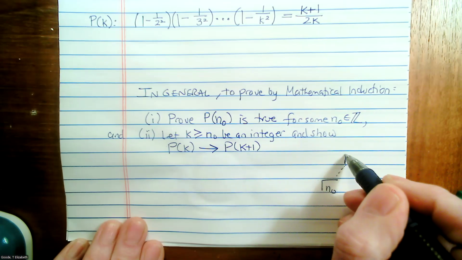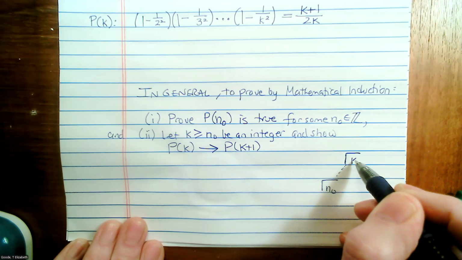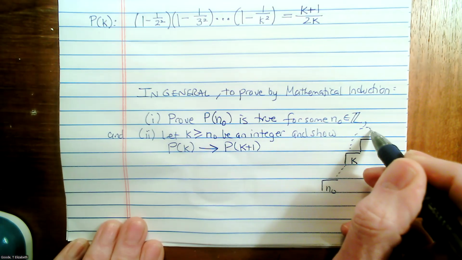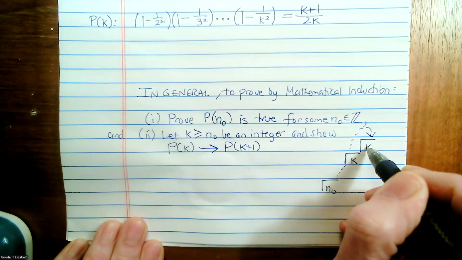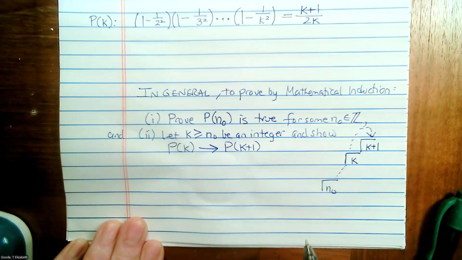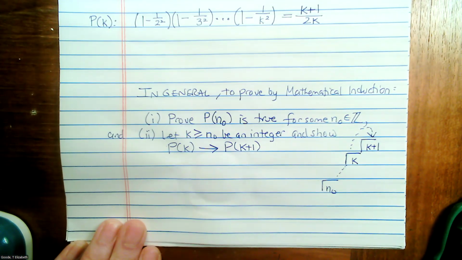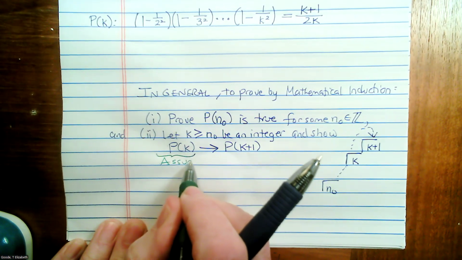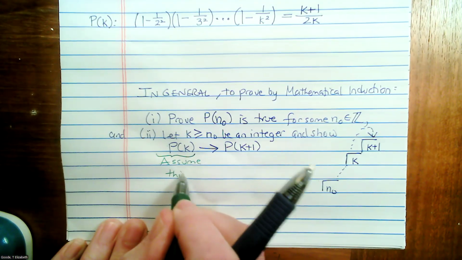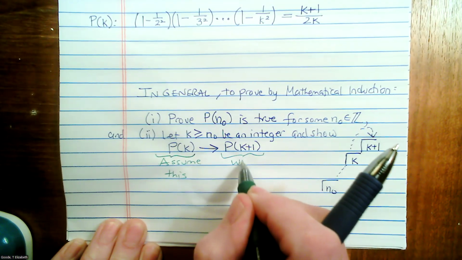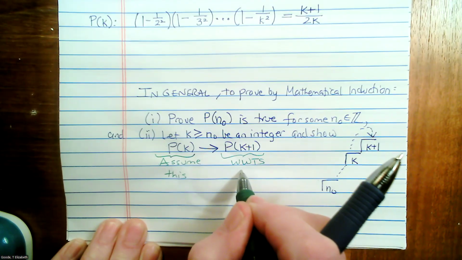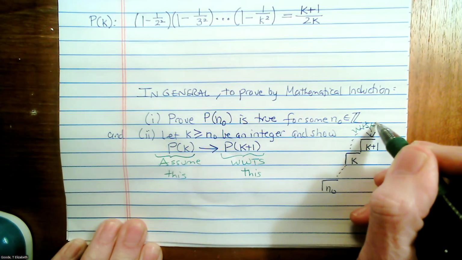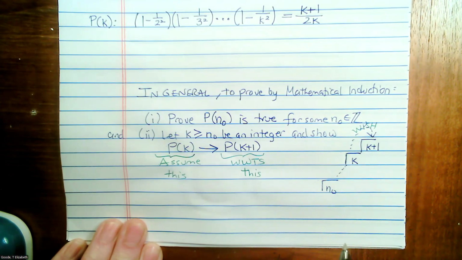Basically, we're saying if we're standing on step K, our job is to show that we can step up and stand on step K plus 1. So it's an if then. We assume this, and then we wish to show this. Our wish is to show that we can step up and stand up at K plus 1.